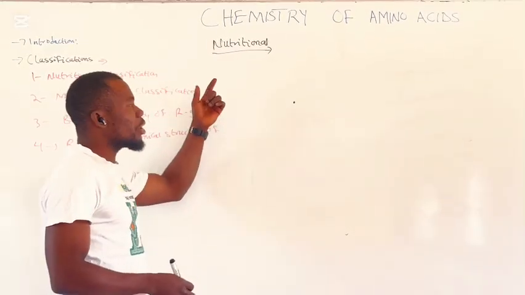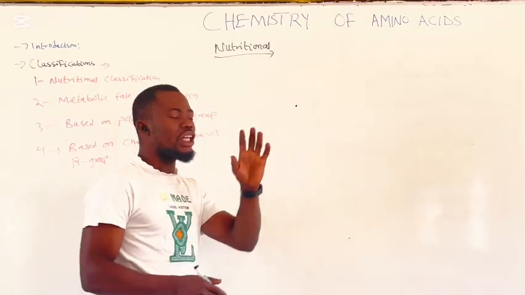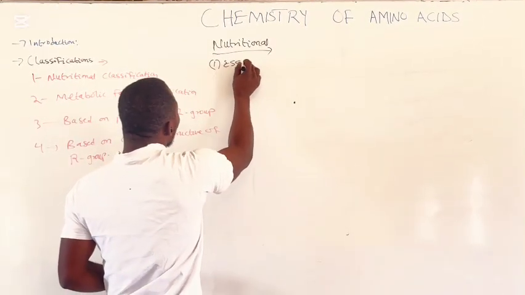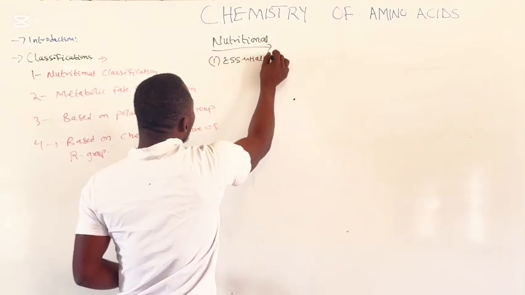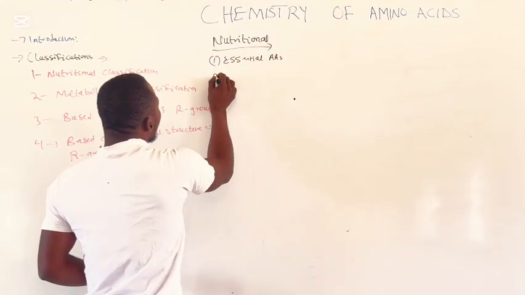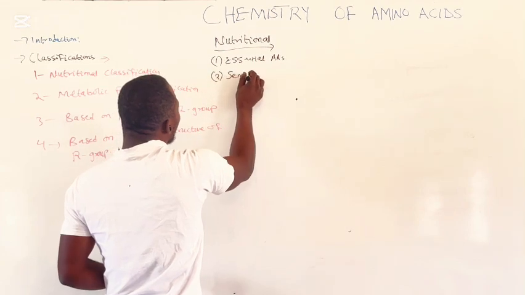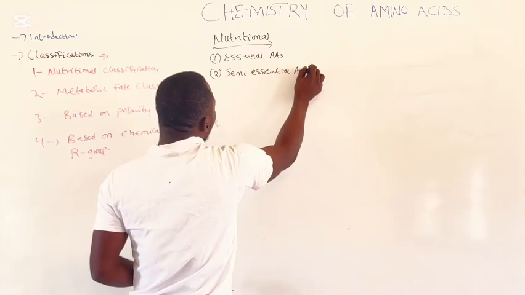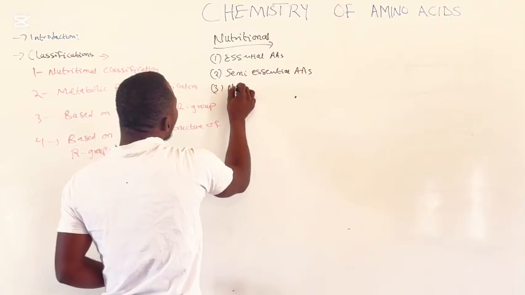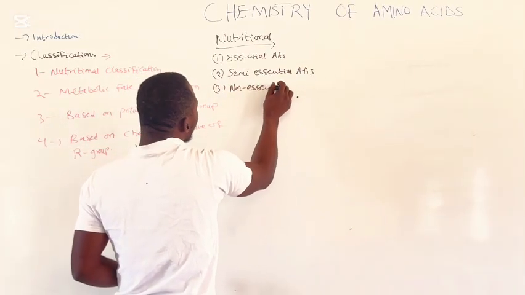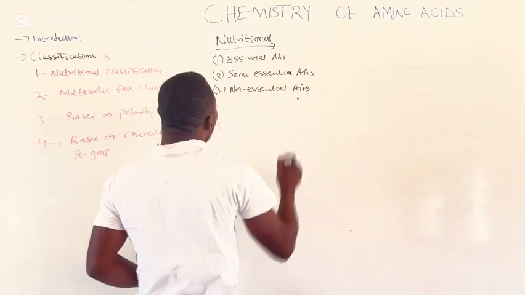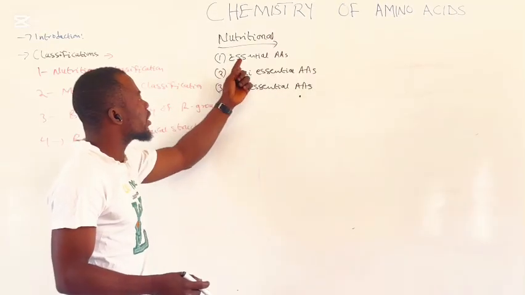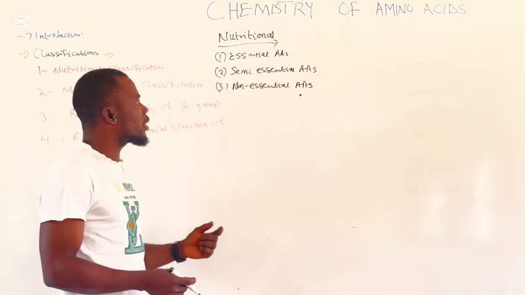Based on that, amino acids are classified into 3 groups. 1, essential amino acids. 2, semi-essential amino acids. 3, non-essential amino acids.